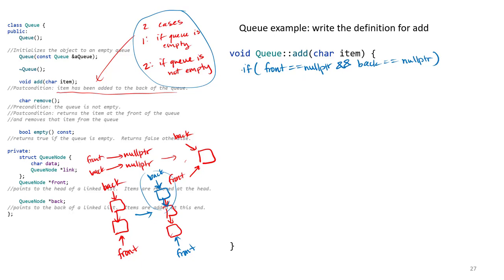If both of our pointers point at null, then we go ahead and run the case where we are adding to the empty queue. If instead we find that we are not empty, then we complete the other case where we add to an existing queue.